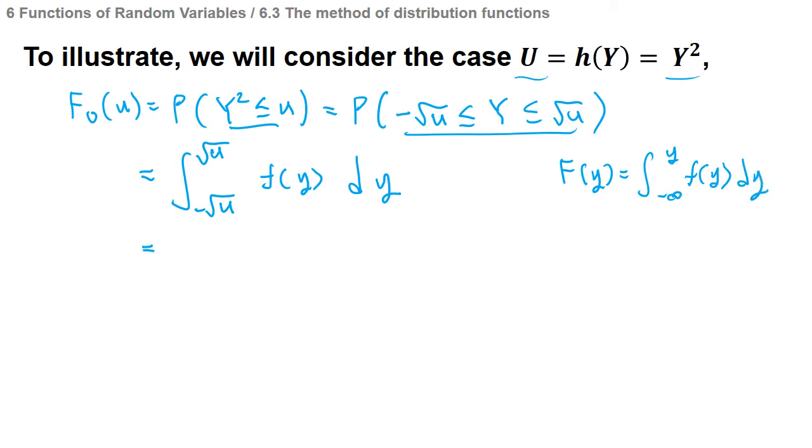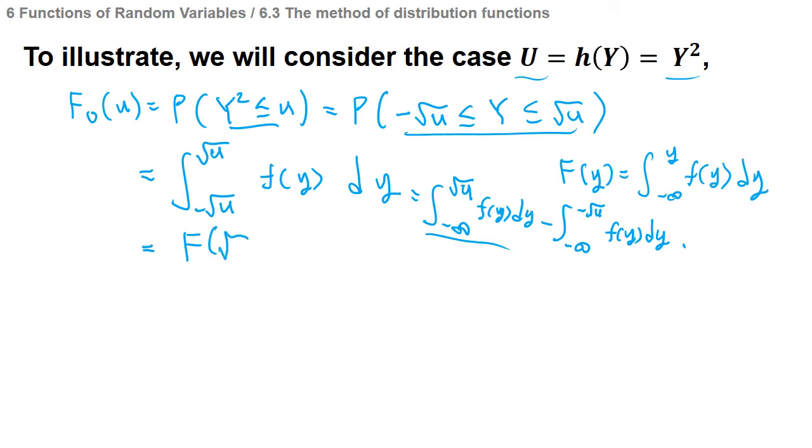So this is actually the integration from minus infinity to square root of u of f(y) dy minus the integration from minus infinity to minus square root of u of f(y) dy. So this is F of square root of u, and this is minus F of minus square root of u.